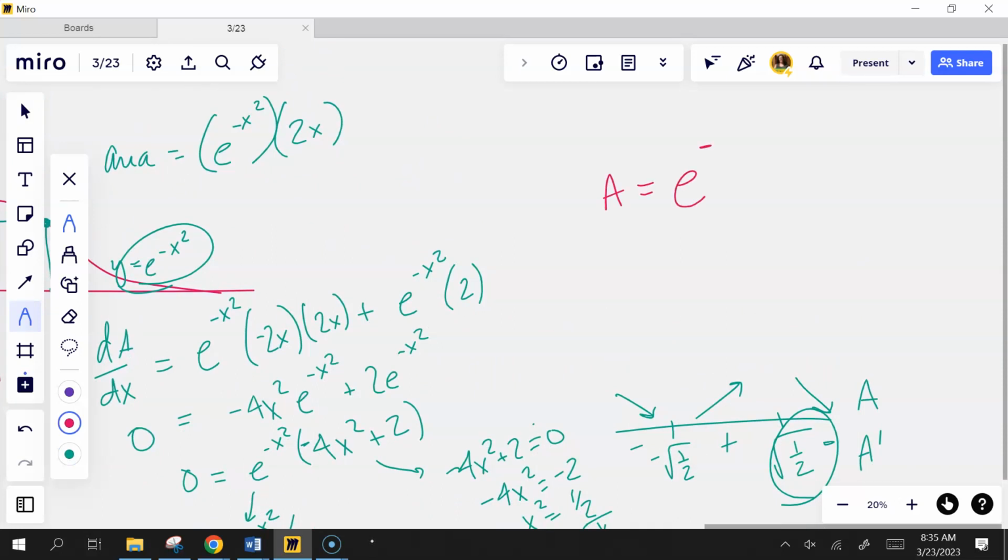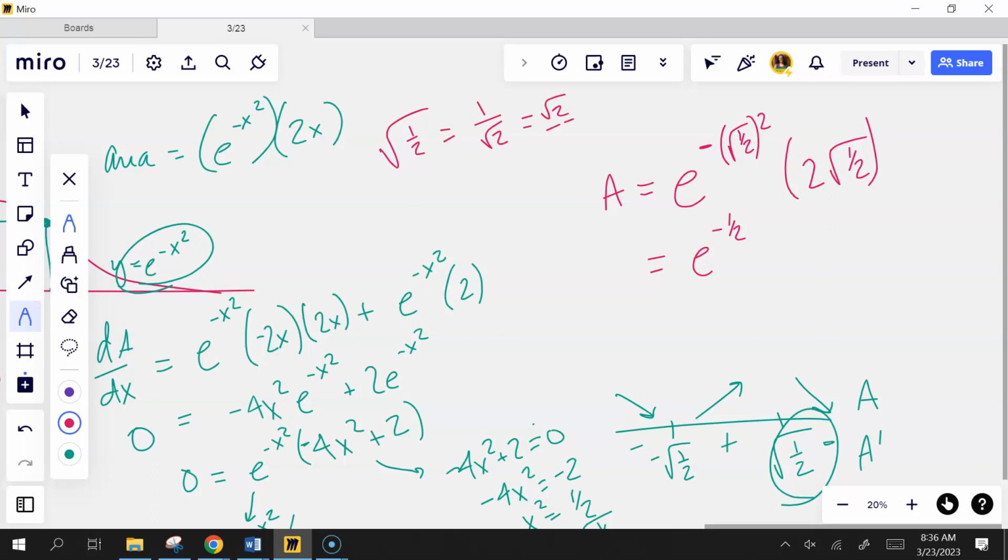e to the negative square root of 1/2 squared, 2 times the square root of 1/2. All right, squared, because let's see, square root of 1/2 is going to be 1 over square root of 2, which is square root of 2 over 2.